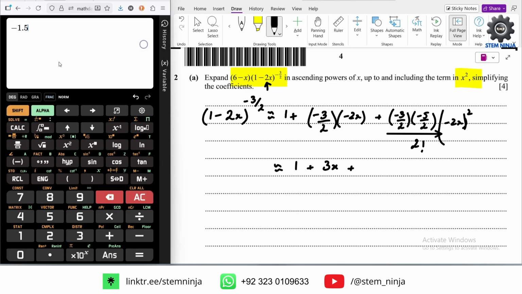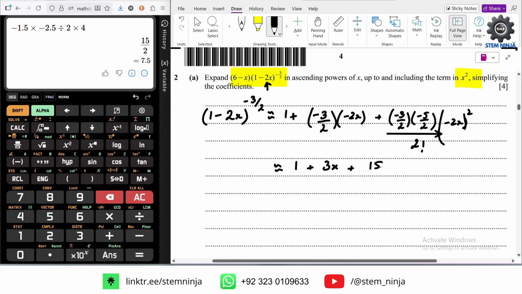So minus 1.5 times minus 2.5 divided by 2 times 4, so this is 7.5, 15 over 2 x squared.